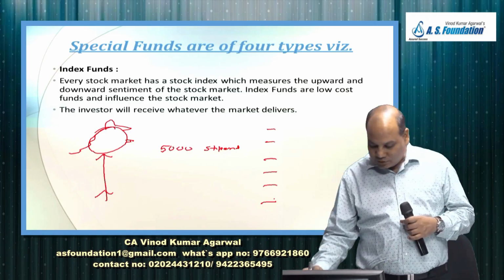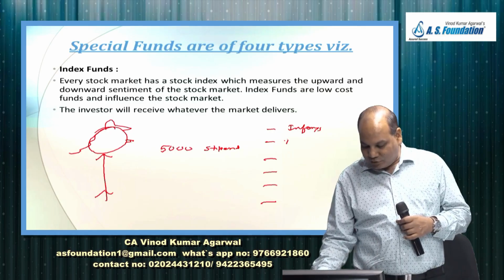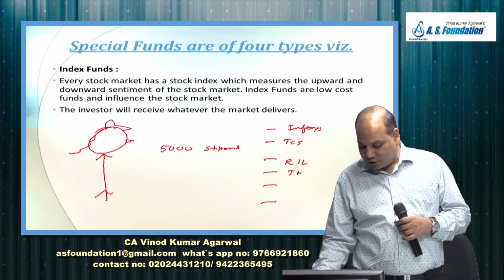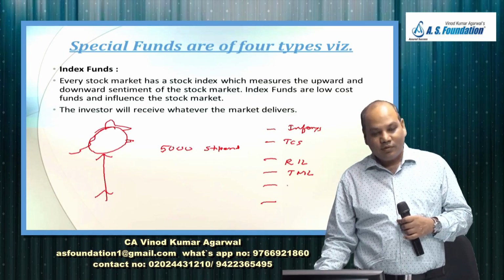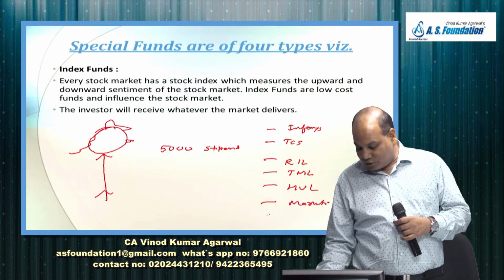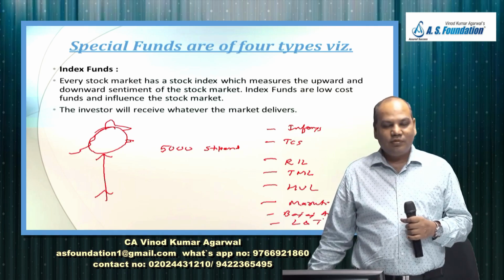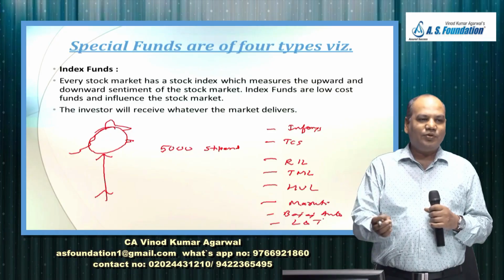He wants to buy shares of Infosys. He wants to buy shares of TCS, Reliance Industries Limited, Tata Motors Limited, HUL, Maruti, Bajaj Auto, Larsen and Toubro, and so many. And he has 5,000 rupees.